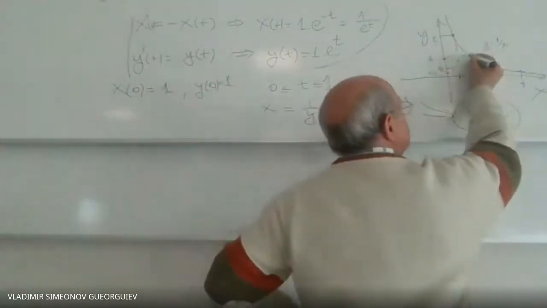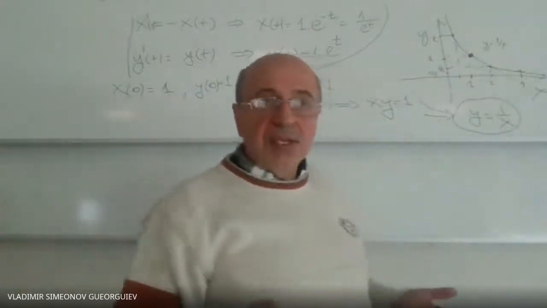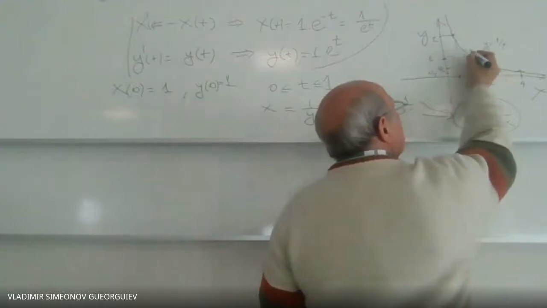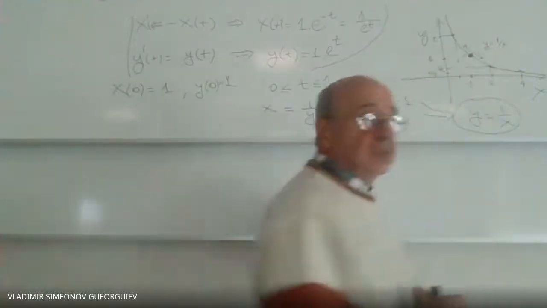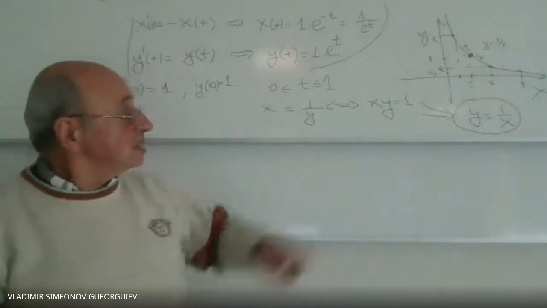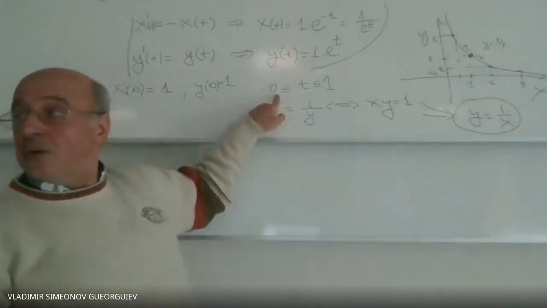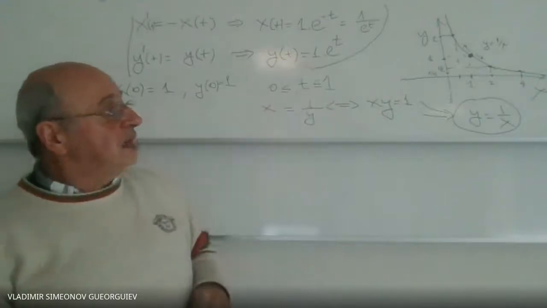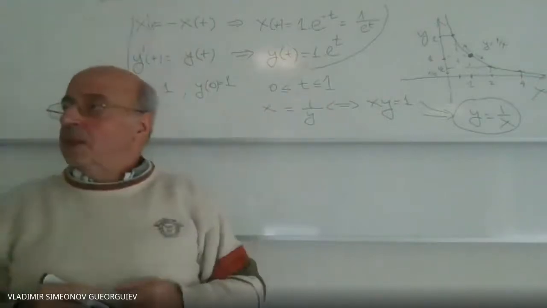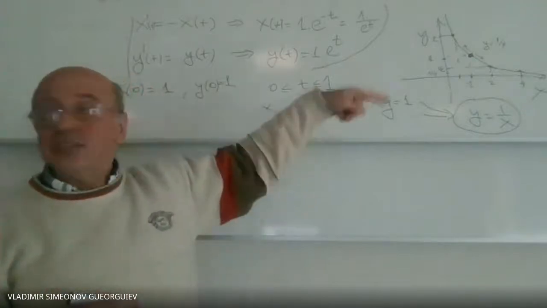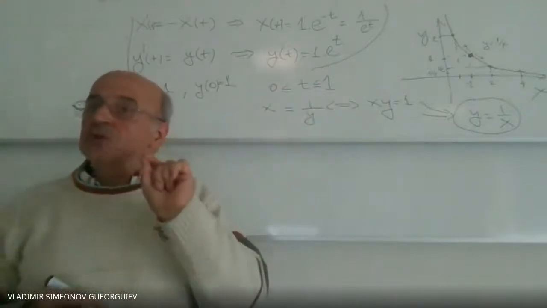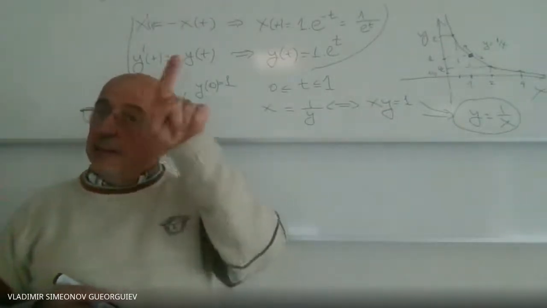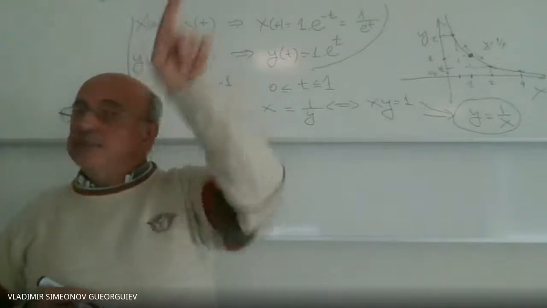So this is my initial point, and I am asking where we go, here or here when t grows, because we start with t equals 0, and then when the time increases, in which direction I shall go, because this is very important information on our representation of the solution, to build the arrow showing where the time is growing.